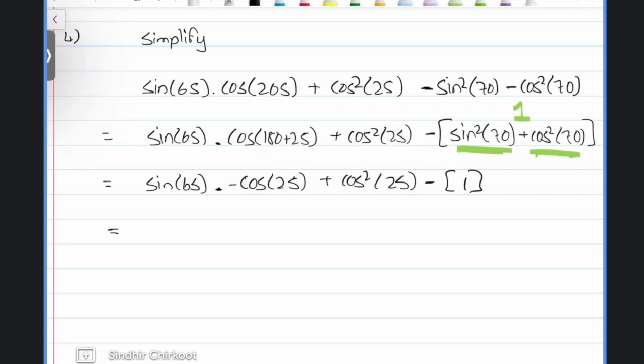All right, next up, what we're going to be doing is sine of 65, right? So what we're going to be doing now is this, and understanding this here, that when you have sine and cos and their angles add up to 90, you need to know that those functions have the same value, right?